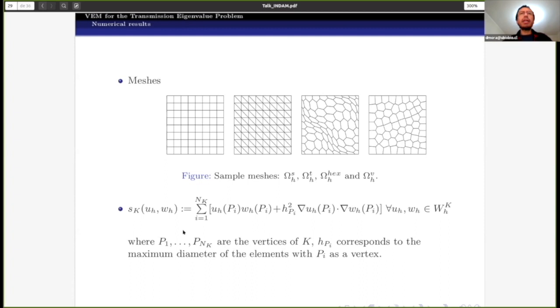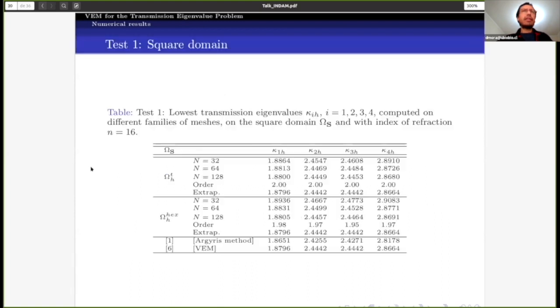For the L2 part, we have to multiply by h squared, and everything works here. For instance, in the first case we consider a constant index of refraction, and we see here a perfect H2 convergence, a double order for the eigenvalue approximation.